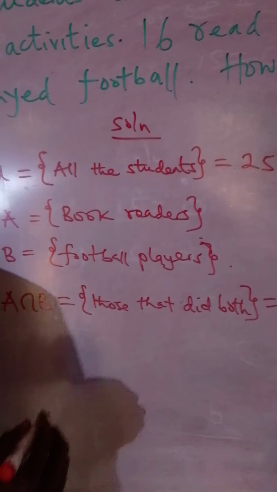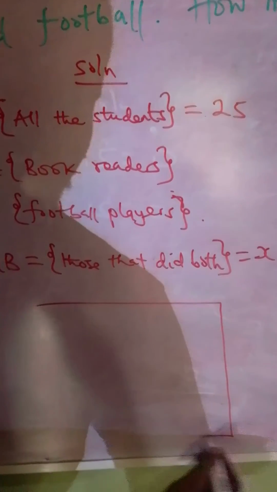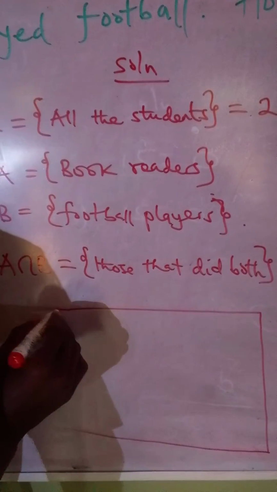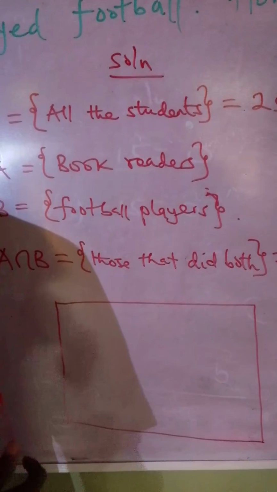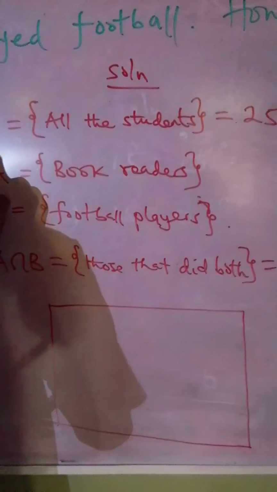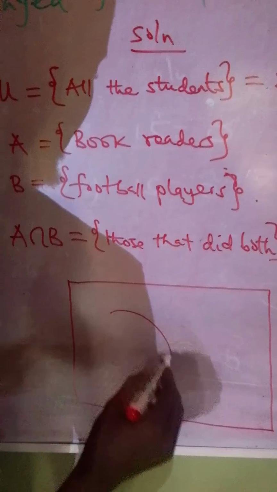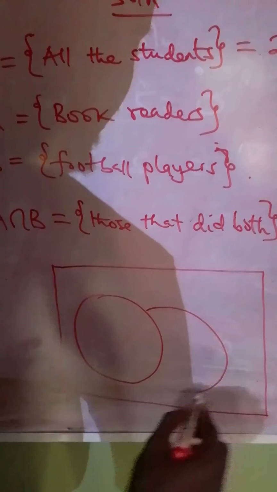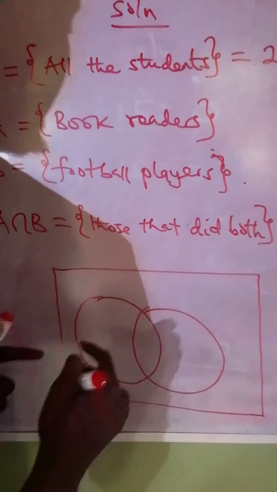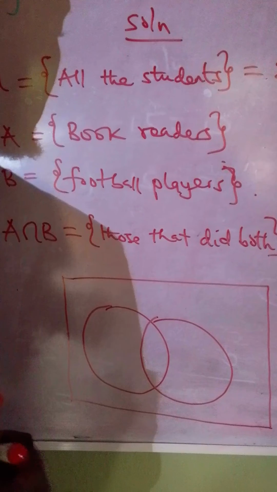So let's draw a Venn diagram. The rectangle represents the universal set, which is U. Let me draw two circles that overlap. They overlap. That means one is lying on the other.